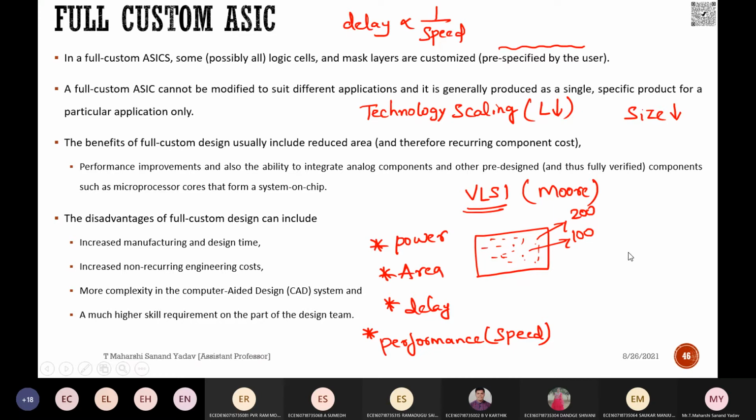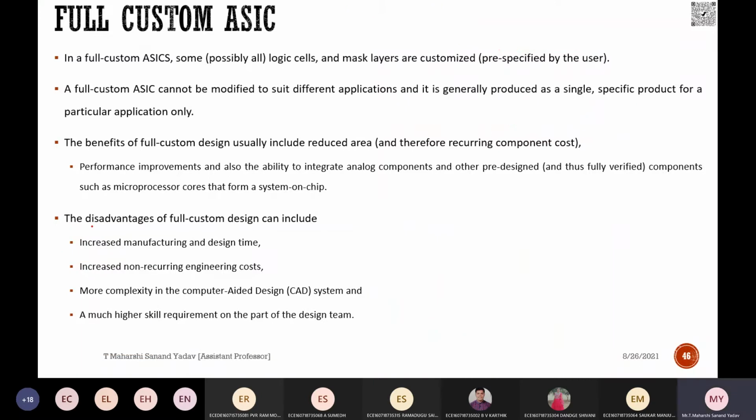So next, coming to the disadvantages of full custom: increased manufacturing and design time. Why is it increasing? From the scratch we are building, so that's why obviously it will take more amount of time.